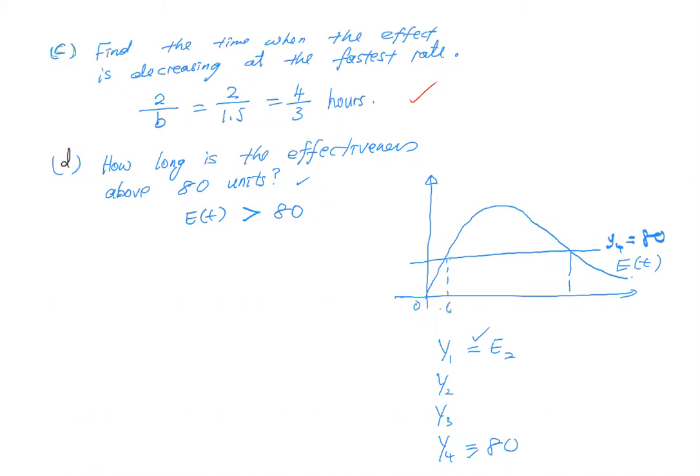You have your T1 here, you have your T2 here. Please use your calculator and get your T1 and T2. T1 is 0.13.